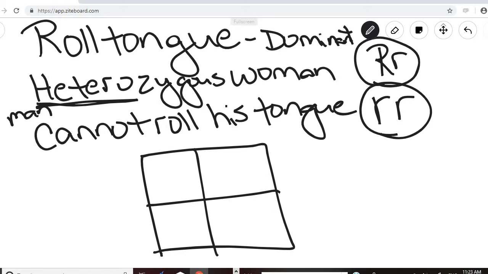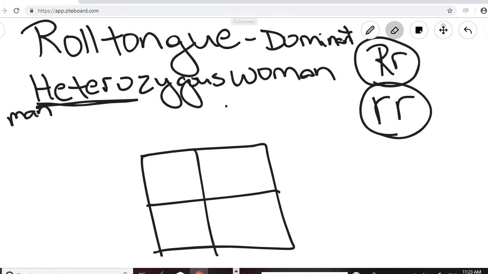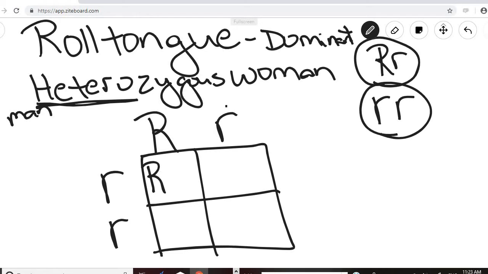So the woman will put across the top uppercase, lowercase, and the man who cannot roll his tongue would go there. Then we match these up: uppercase, lowercase, lowercase, lowercase, uppercase, lowercase, lowercase, lowercase.